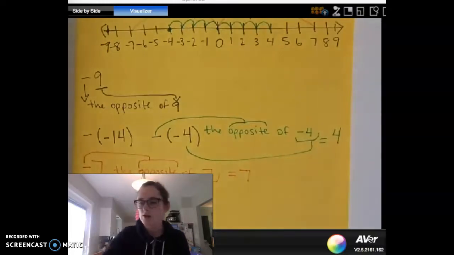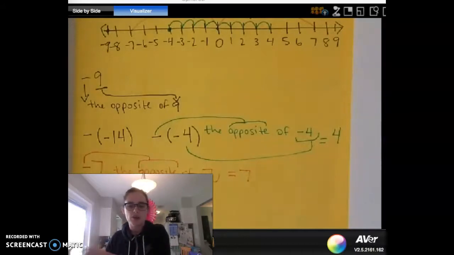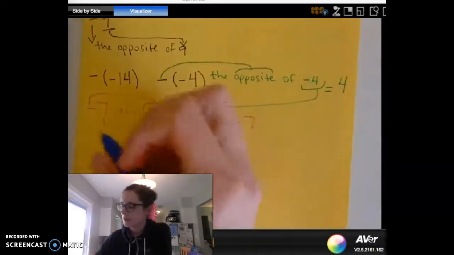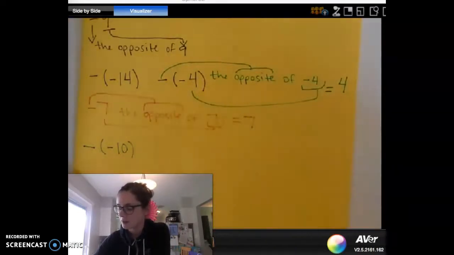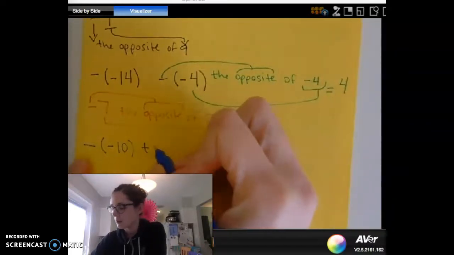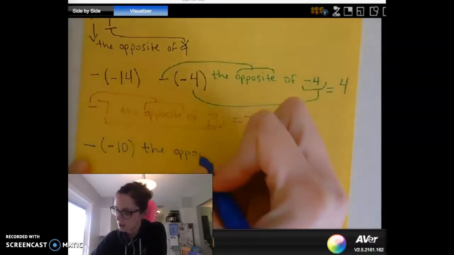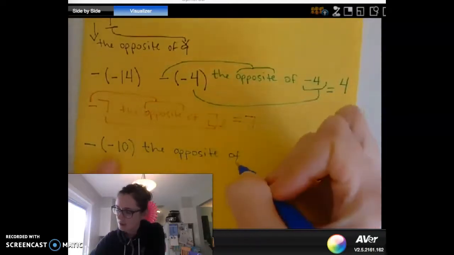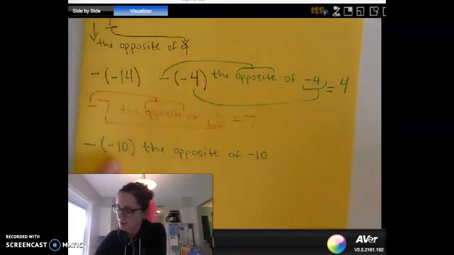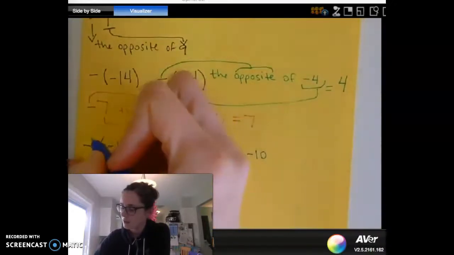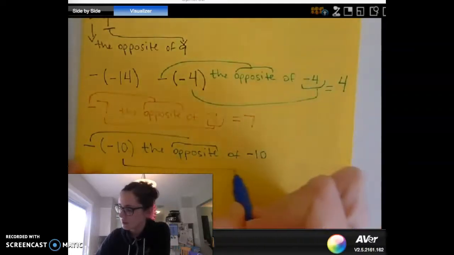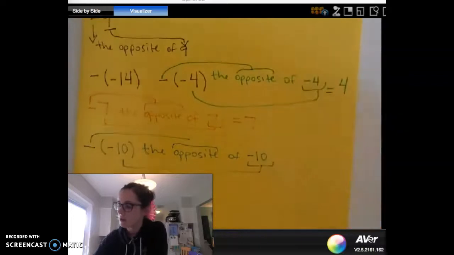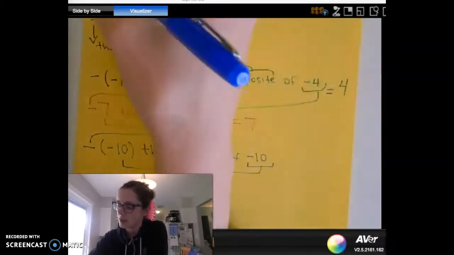Okay? All right, let's try one more just to make sure, getting a different color. So let's do the opposite of negative 10. So I'm going to go to negative 10, and that's over here.